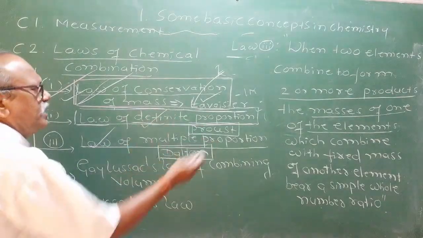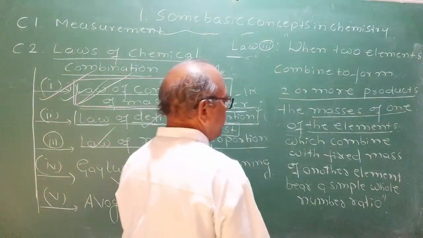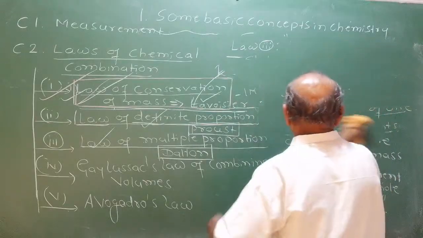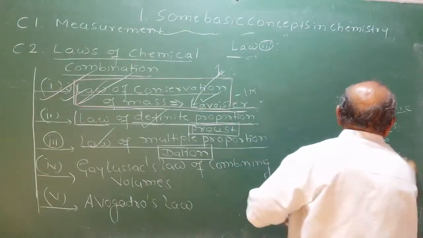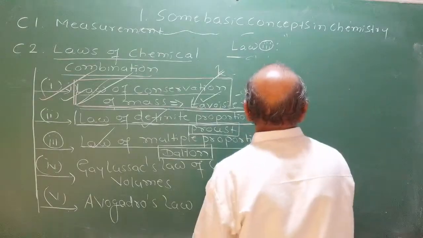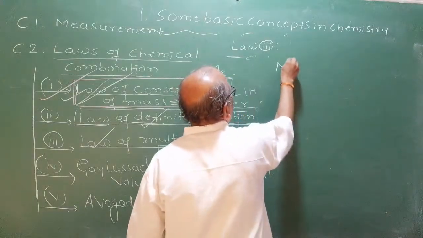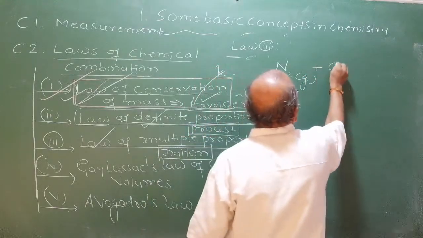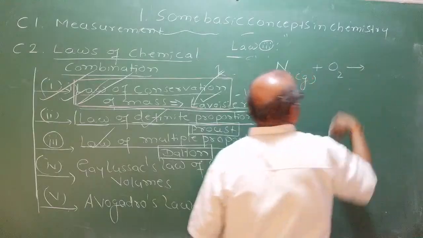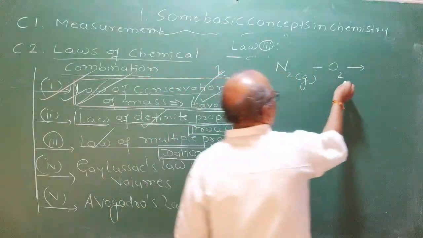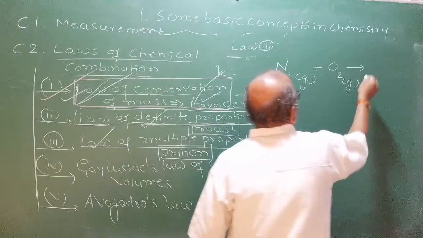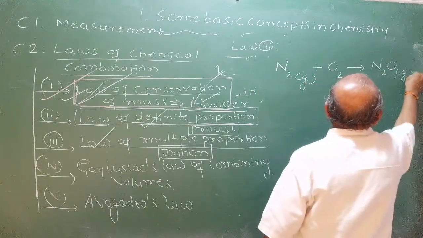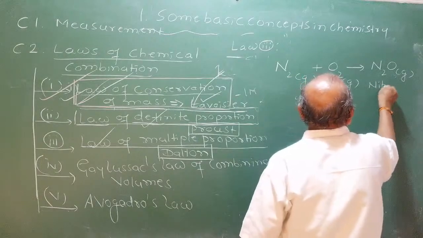We'll understand it better by taking another example. Now see here. You know nitrogen? Nitrogen is a gas. Nitrogen can combine with oxygen forming different oxides. It will form one of the oxides called N2O, nitrous oxide.